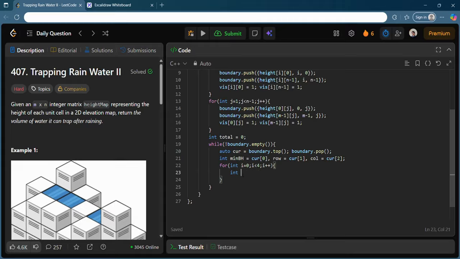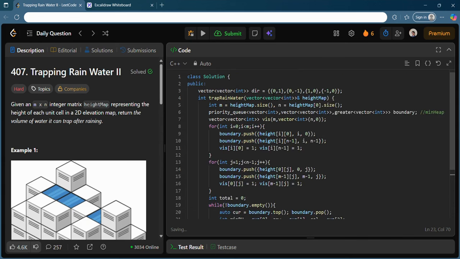So what will be the neighbor height? First, what will be the neighbor row? It will be nothing but this current row plus this direction of i0, and this neighbor column will be nothing but current column plus this direction vector.